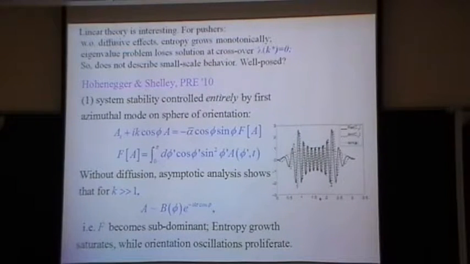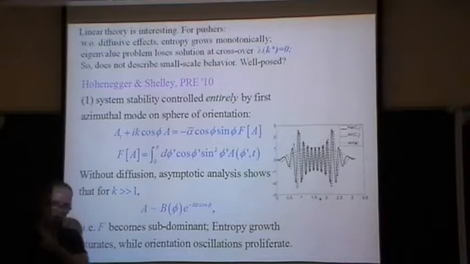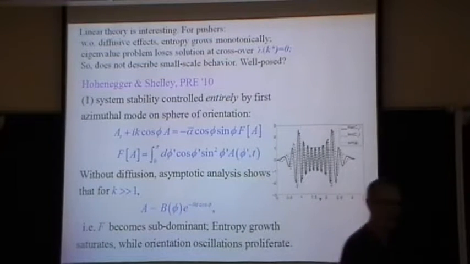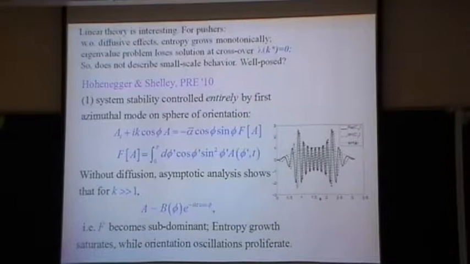That's telling you something immediately. If the whole instability is being governed by an azimuthal mode on the sphere, do you think you have concentration fluctuations in linear theory for this system? No, you don't.